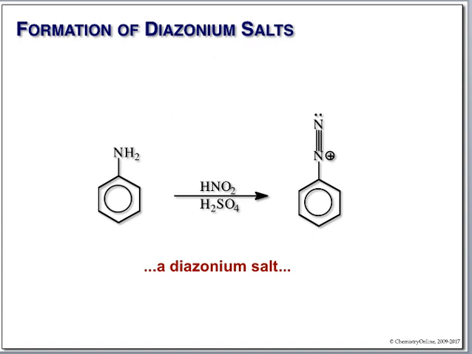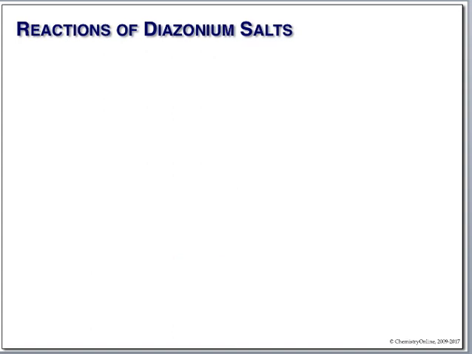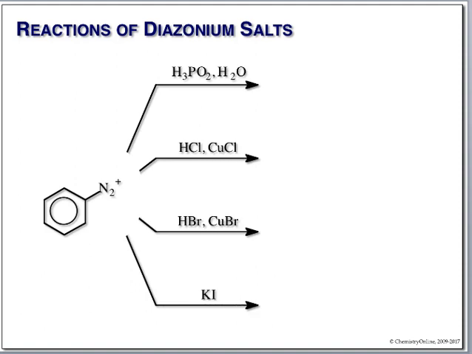Because this is such a great leaving group, it has its own set of reactions. These are called collectively the Sandmeyer reactions. If you take a diazonium salt, this is H3PO2, that's not a typo. This is hypophosphorous acid.